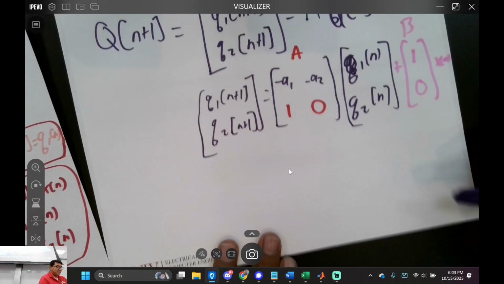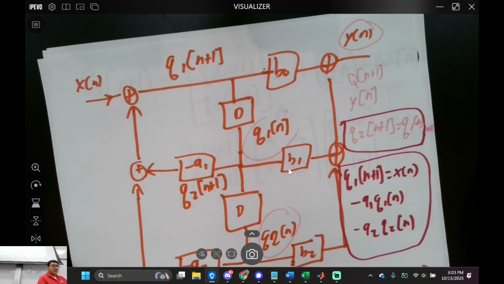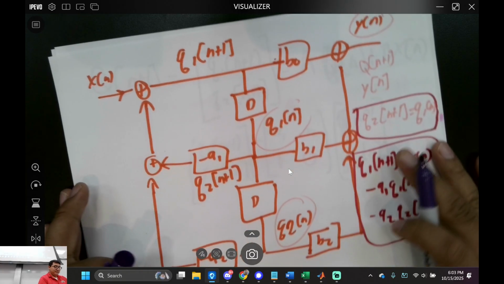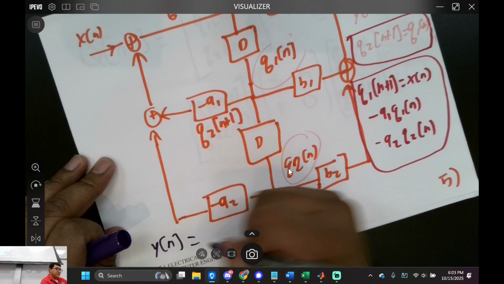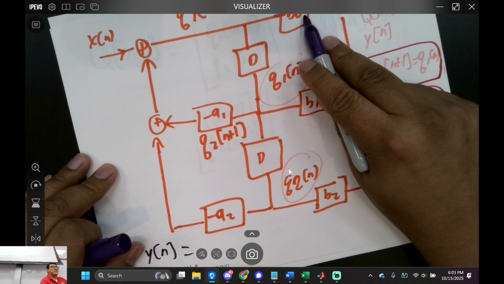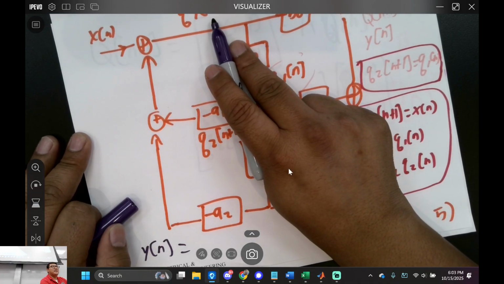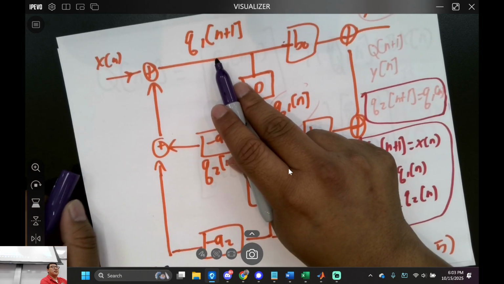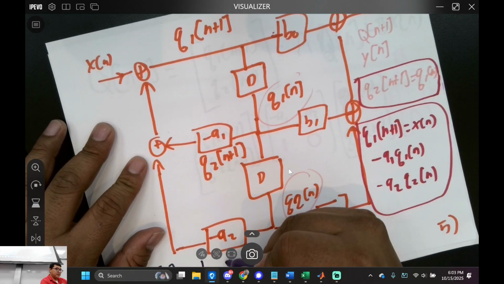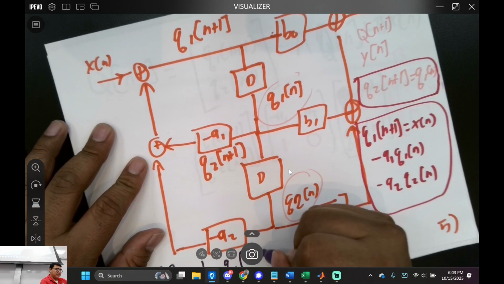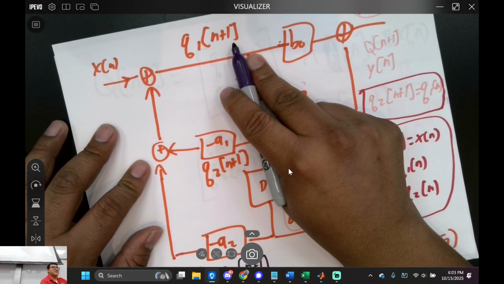Now let's see. What about our output? What's our output equal to? I'm going to write it right here. Y of n. What do we see? B0. Well, what's B0 being multiplied by? Q1 n plus 1. So I'm going to do B0 Q1 n plus 1. What's Q1 n plus 1 equal to?